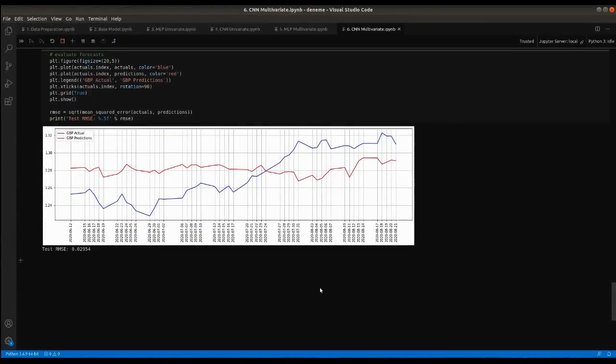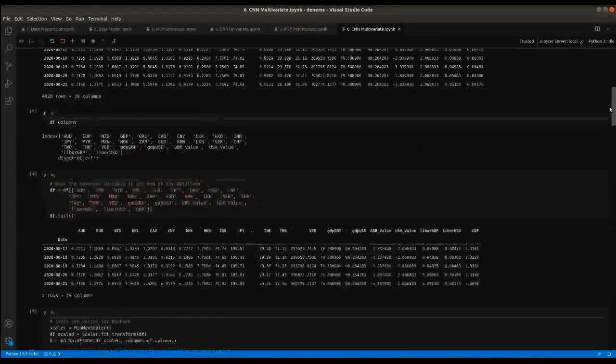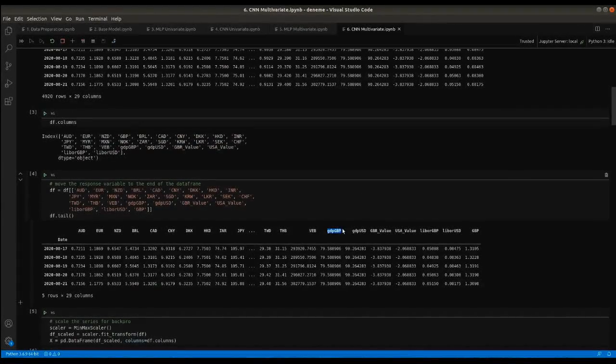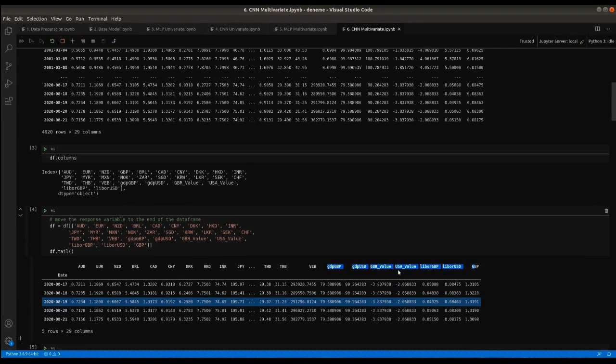However, this model does not get as successful as the univariate peer. The RMSE metric is 0.02954. I believe an alternative could be feeding the different groups of variables separately to the CNN architecture by using the functional API. It is a useful tool, especially in cases where different variables are presented and affect the response in different ways.